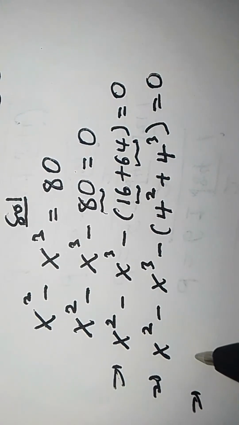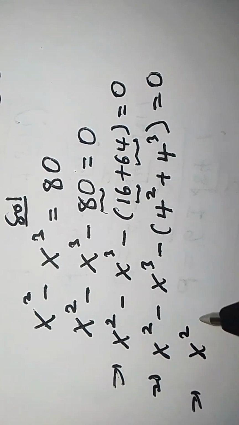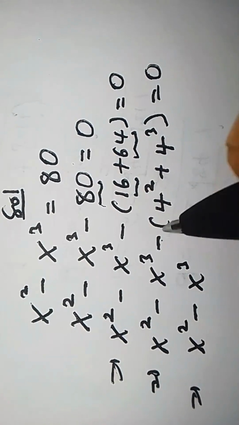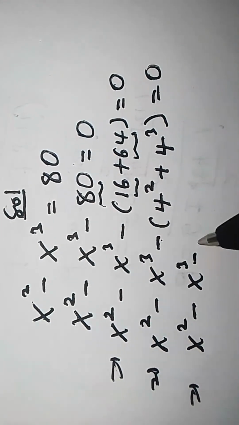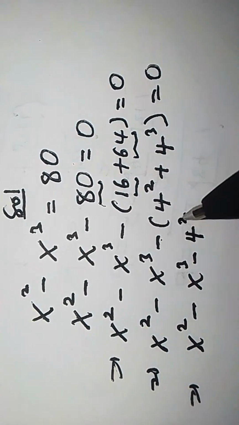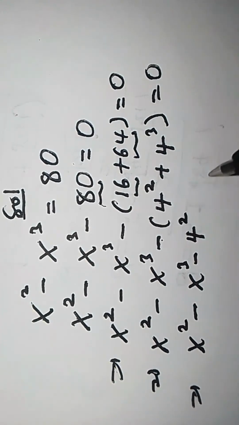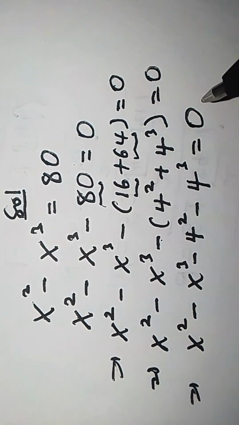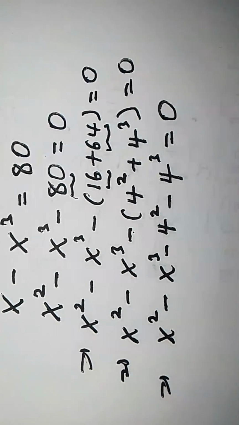This means that x to the power of 2 minus x to the power of 3, minus 4 square, minus 4 cube, equal to 0. Let's proceed further.